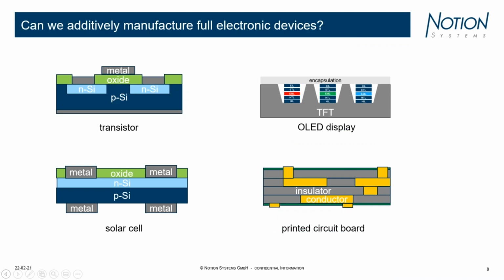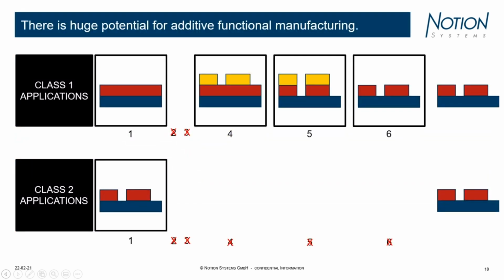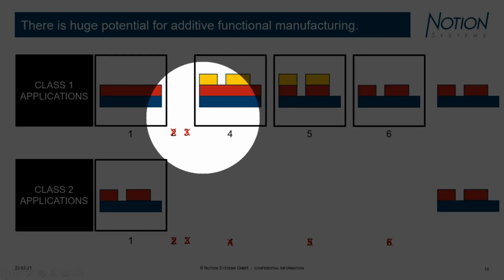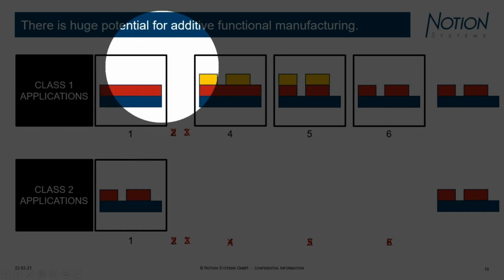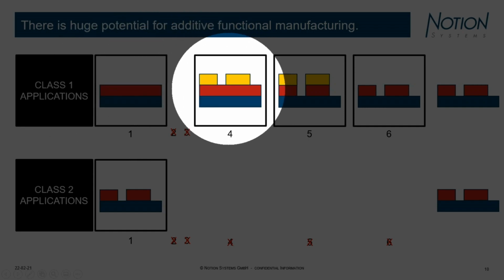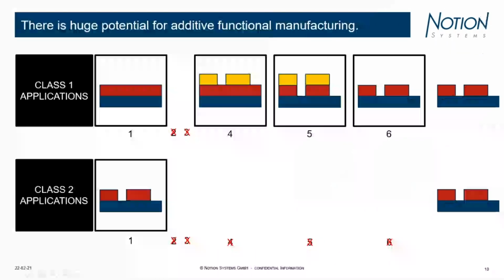So what do we actually need to do? And I see 2 classes of applications there. So we can already make an impact by printing the resist, saving us two process steps in the lithographic process chain. It's not a lot, but it's already something where you can make an impact.